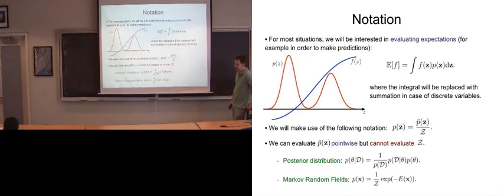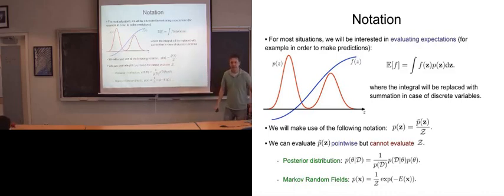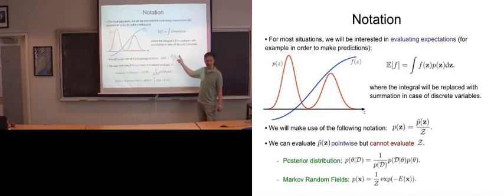For Markov random fields, for undirected graphical models, the same story. You have some energy function that you can evaluate. So you can evaluate e to the negative of the energy, but you can't evaluate the normalizing constant. So this is a canonical representation that we're going to be using throughout the rest of the class. Most of the models can fit into this.